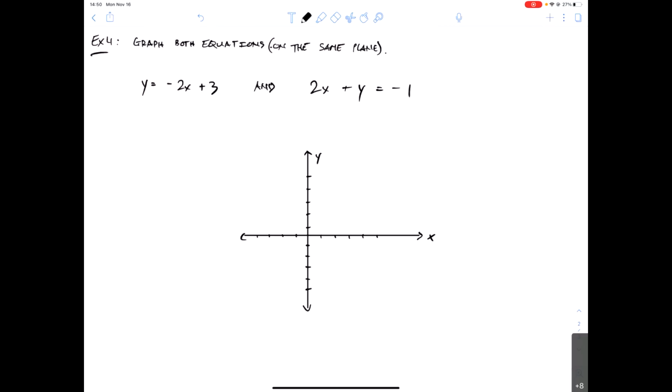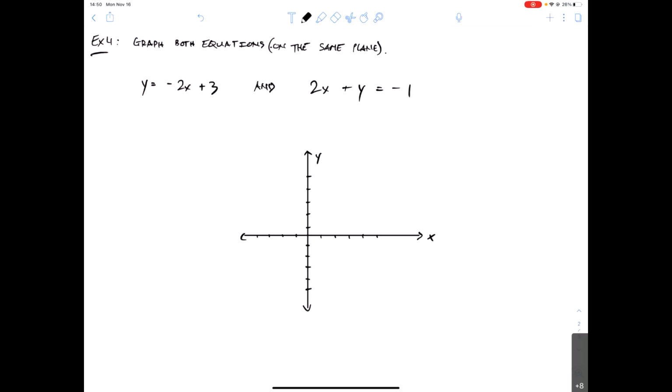So the first equation, hopefully people will recognize that it's already in slope-intercept form. If you look at it, the first graph says y equals negative 2x plus 3.